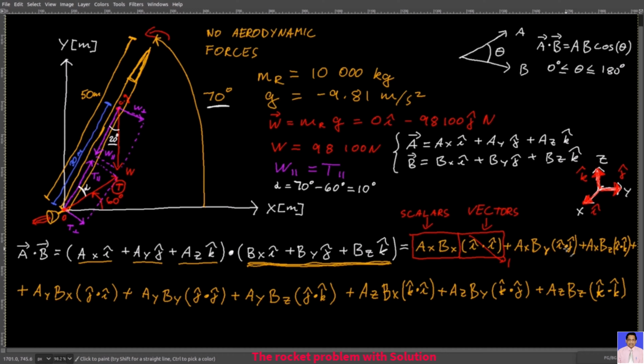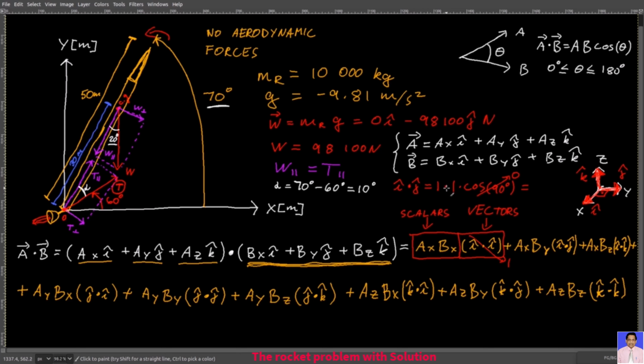How about i dot j? Well, that would be 1 times 1, because both of their magnitudes are 1, times cosine of the angle between them. But what's the angle between i and j? Well, it's 90 degrees, right? So it's going to be cosine 90 degrees, which is 0.